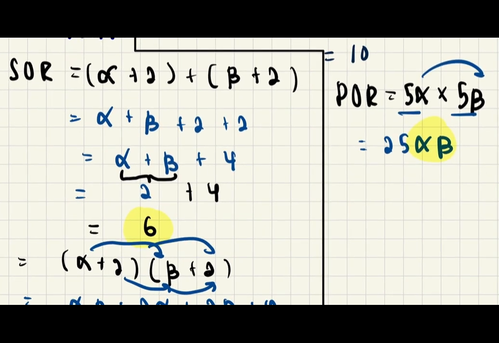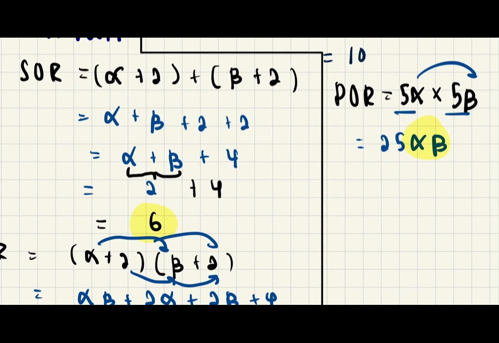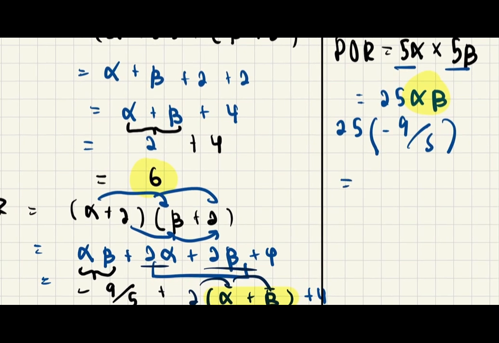So 25 times negative 9 over 5. Here you can cross this out, 5, this becomes 1, so negative 9 times 5 is negative 45.